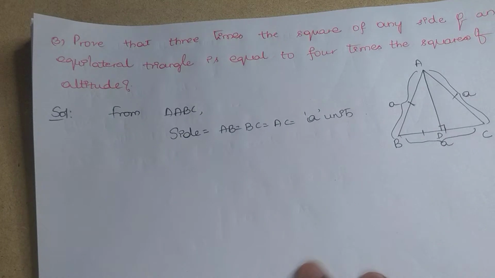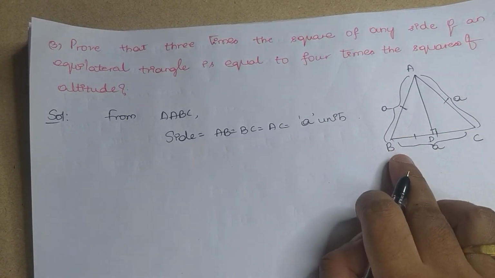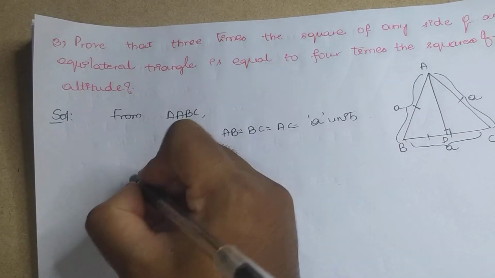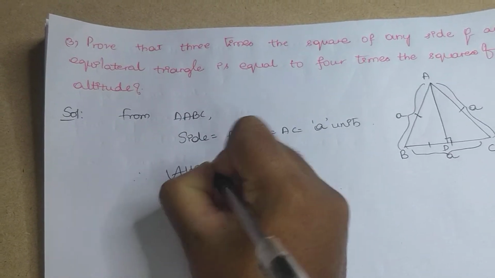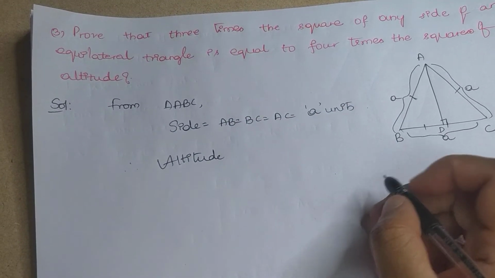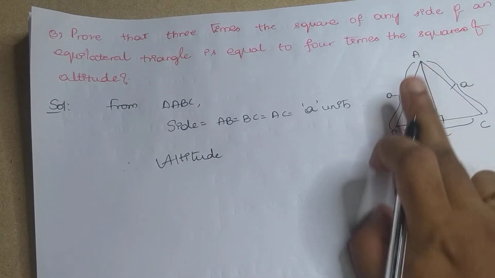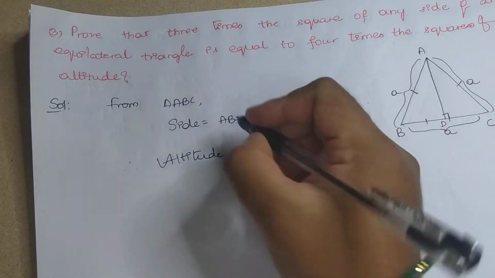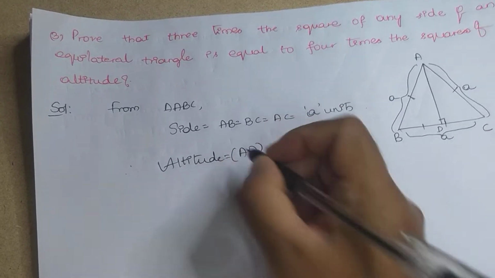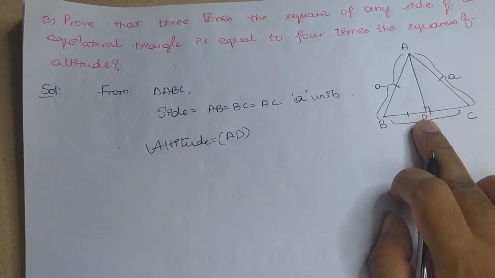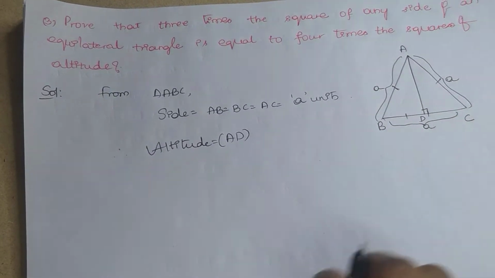Side is what we have taken as small a units. So therefore altitude, what is altitude? It's nothing but the perpendicular bisector which I have drawn from the vertex A to the side BC. So altitude equals AD.